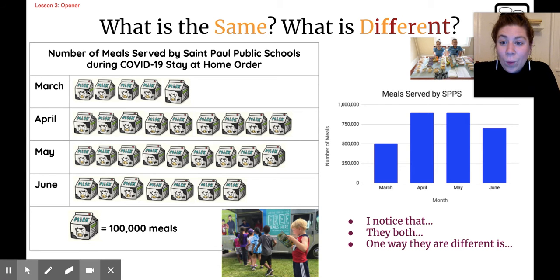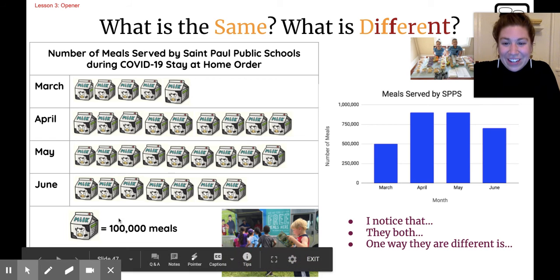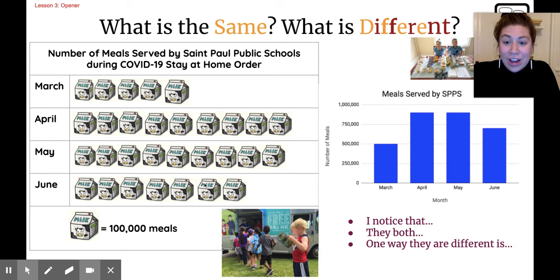So 1, 2, 3, 4, 500,000 meals in March. 1, 2, 3, 4, 5, 6, 7, 8, 900,000 meals in April. 1, 2, 3, 4, 5, 6, 7, 8, 900,000 meals in May, and 1, 2, 3, 4, 5, 6, 700,000 meals in June were served.